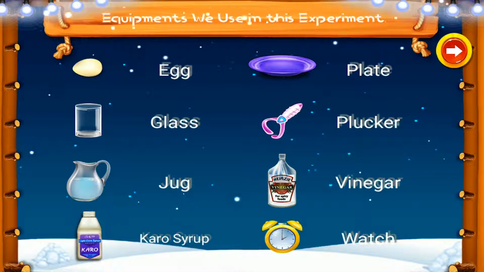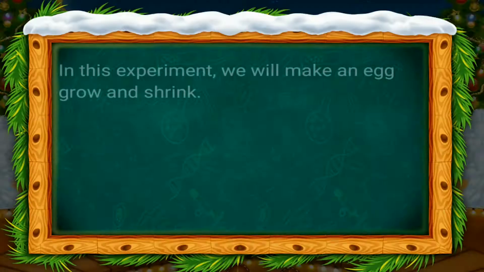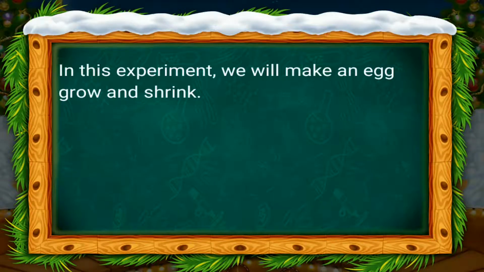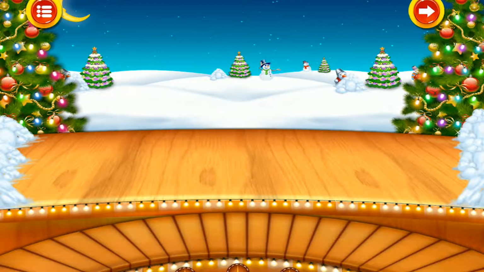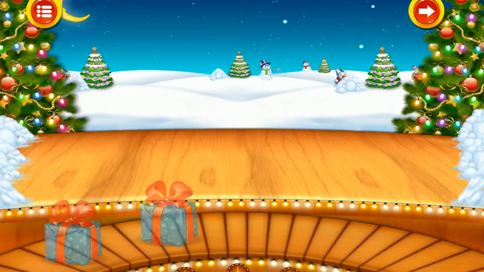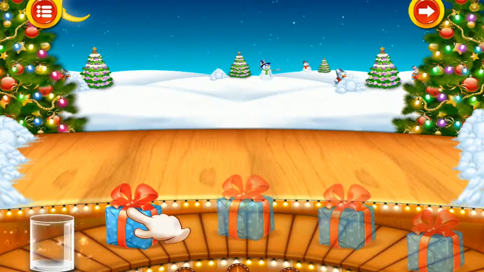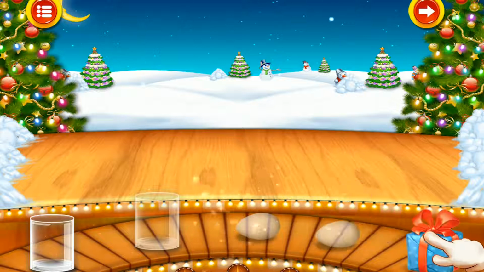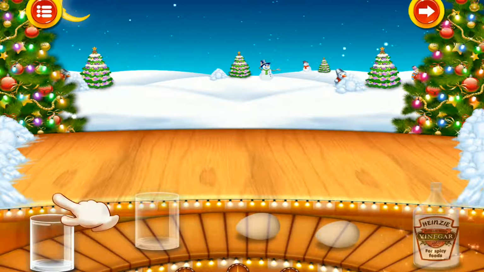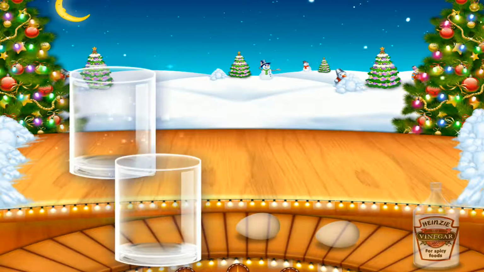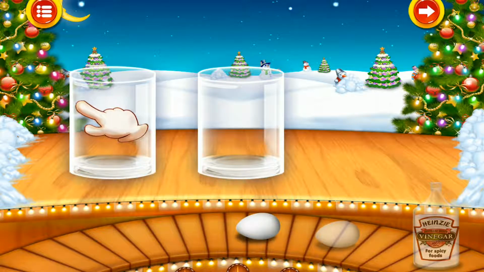In this experiment, we will make an egg grow and shrink. Place 2 glasses on the shelf. Take an egg and place it in the glass. Take another egg and put it in the other glass.